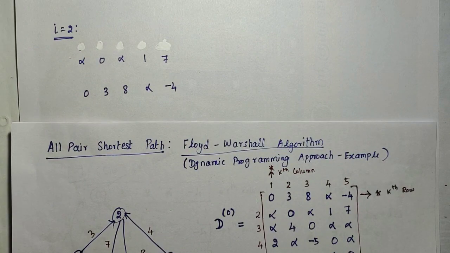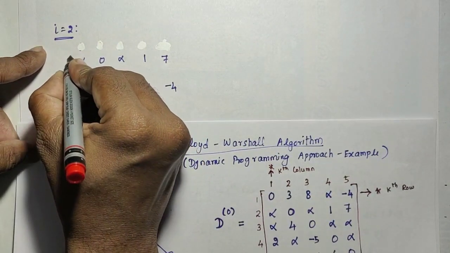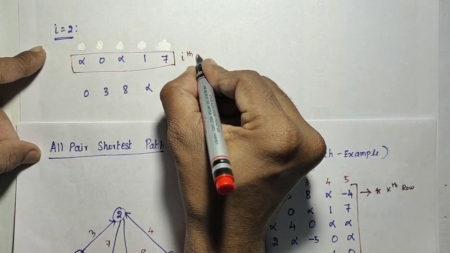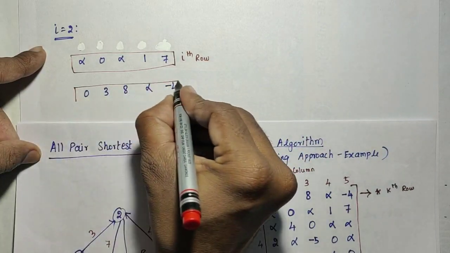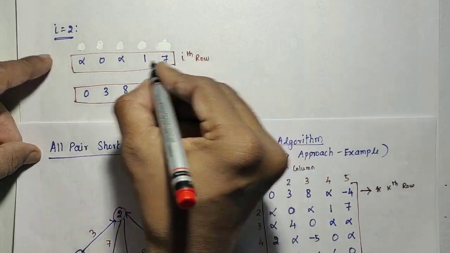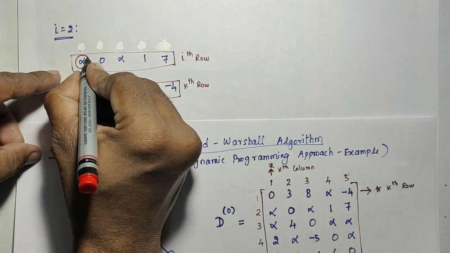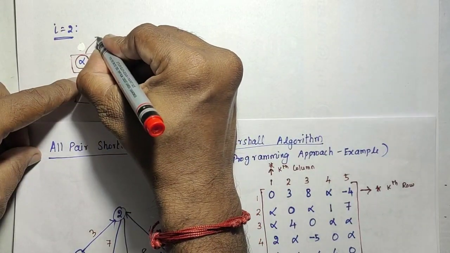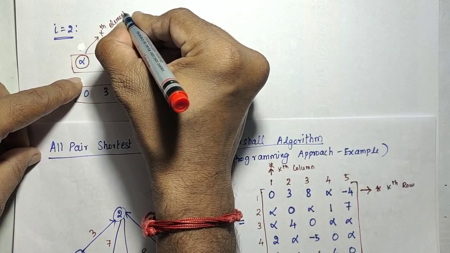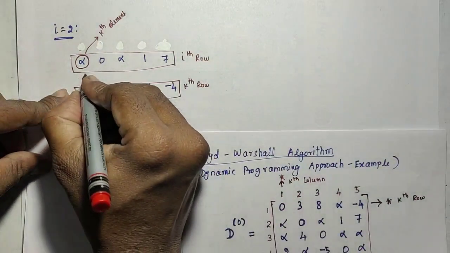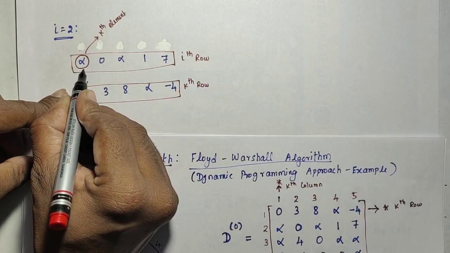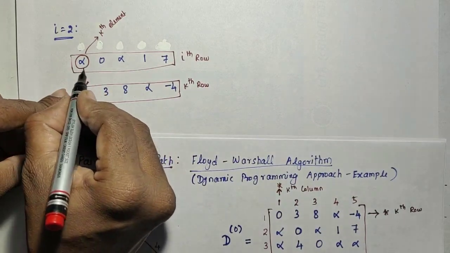Now I need to pick that value. This is the ith row and this is the kth row. I need to pick the kth element from the ith row, that we need to pick. Now I need to add this element with this one. This infinity needs to be added with all these elements.